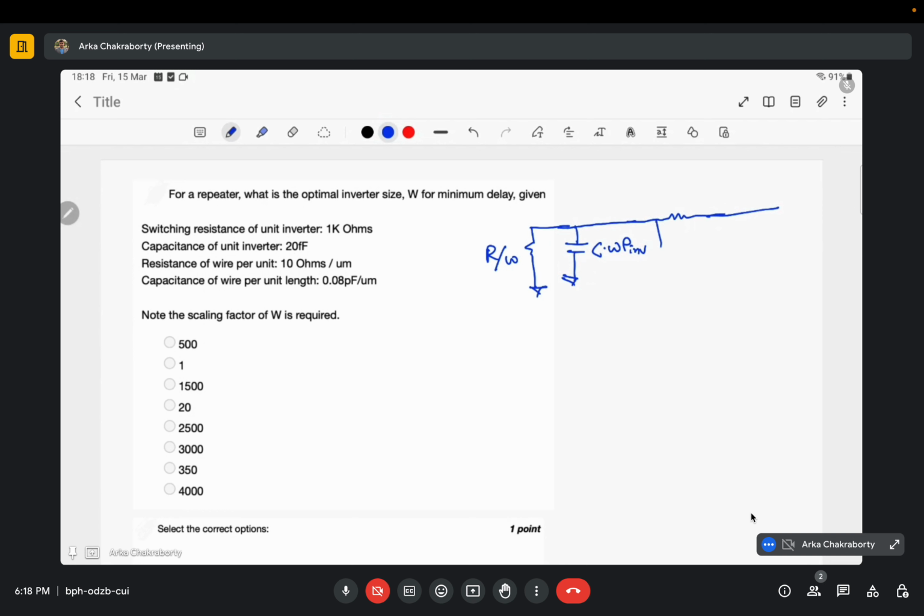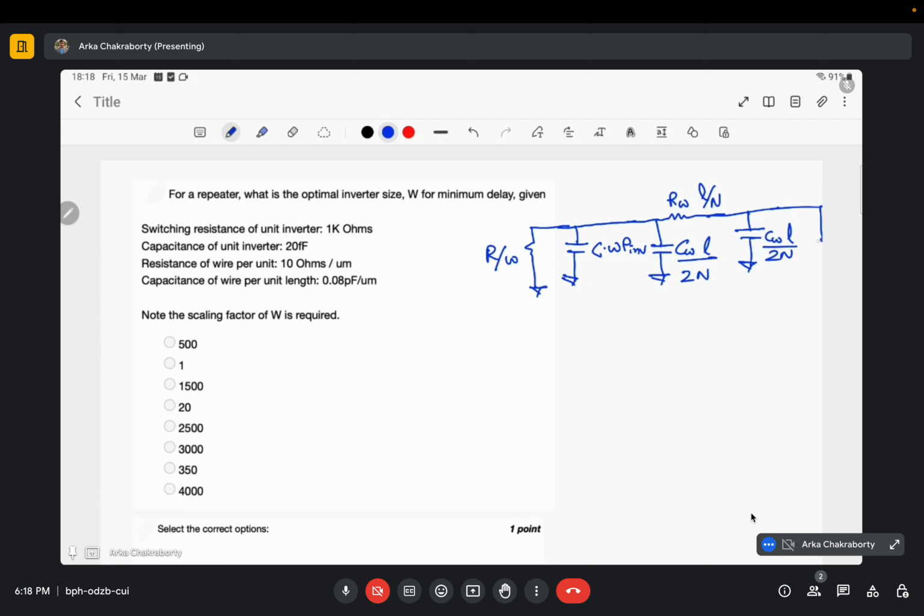And there will be another capacitance, which basically comes from the pi model of the wire. So it will be C_W L by 2n, the resistance R_W L by n, and again C_W L by twice n.